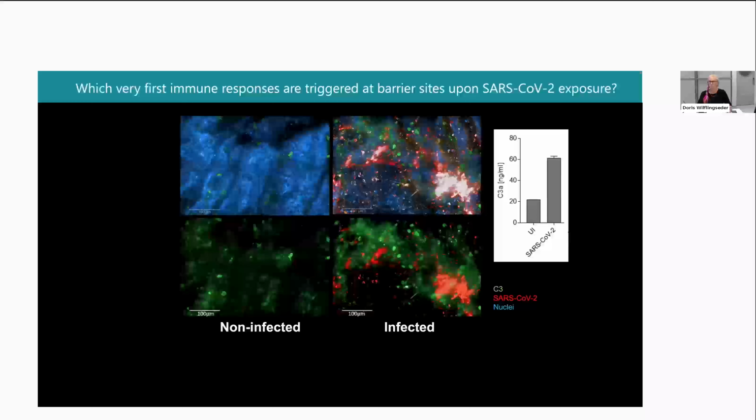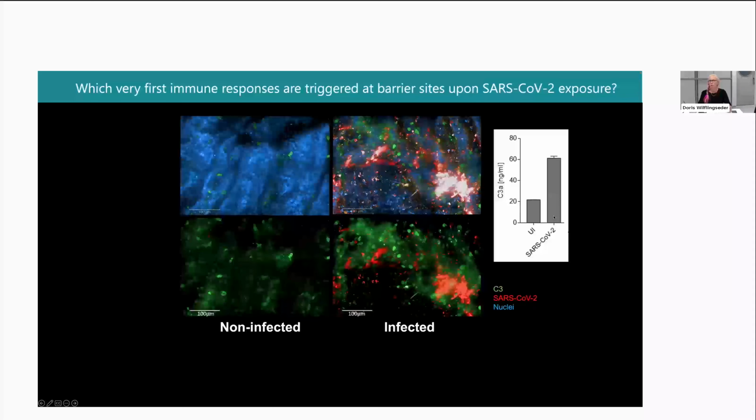This is in the meantime also published. And we also found that the original SARS-CoV-2 variants, such as the wild type variant in the beginning, and Delta, also caused a very high innate immune activation, reflected by complement which was released to the basolateral side of the epithelium.